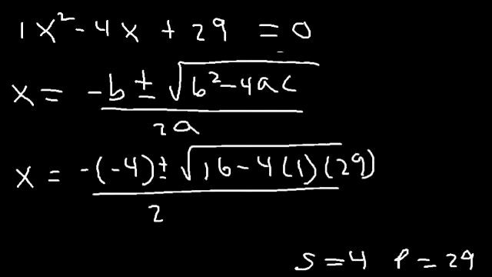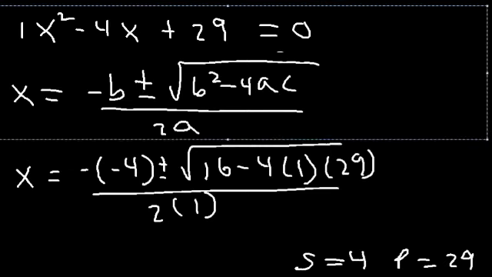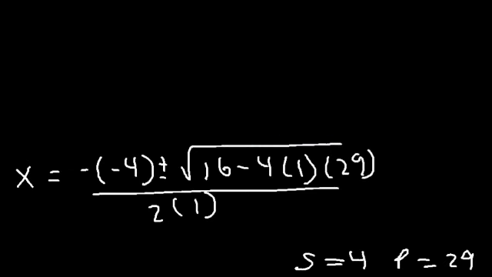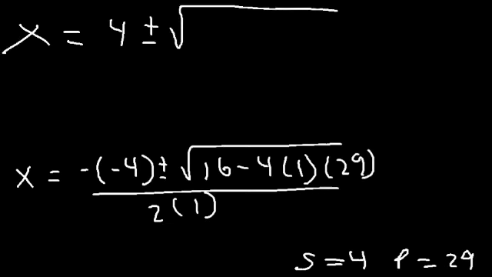Divided by 2a, or 2 times 1. Negative times negative 4 is positive 4. 4 times 29 is going to be 116, divided by 2.